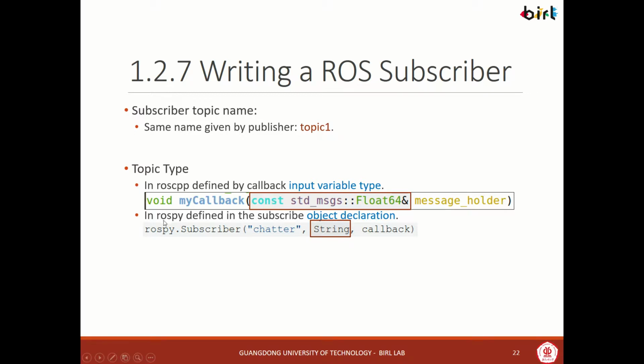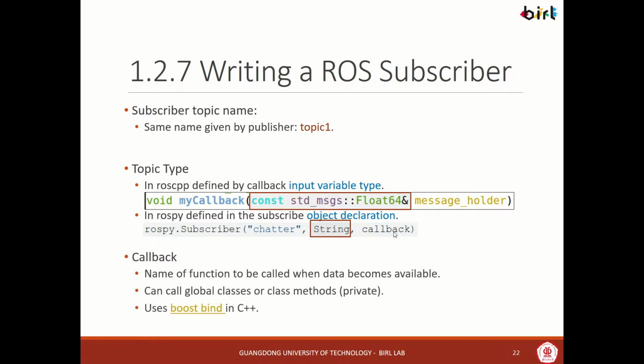If we use rospy, we have something similar, but still a slightly different prototype. So here we might say rospy.Subscriber, topic name, here would be topic1. Here we would have Float64, and then the name of a callback, myCallback, or just in this case, callback, like this.